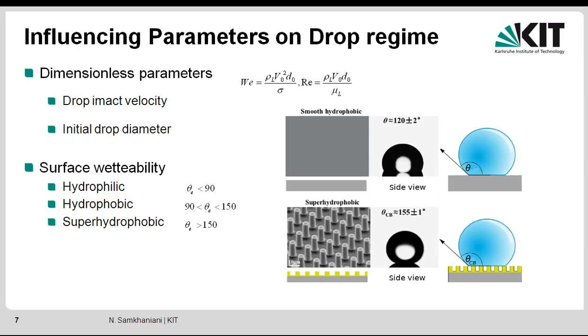To convert a smooth hydrophobic surface to a superhydrophobic surface, we need some micro post structures on the surface. We know these parameters affect the drop behavior during drop impingement. We are going to study it numerically.